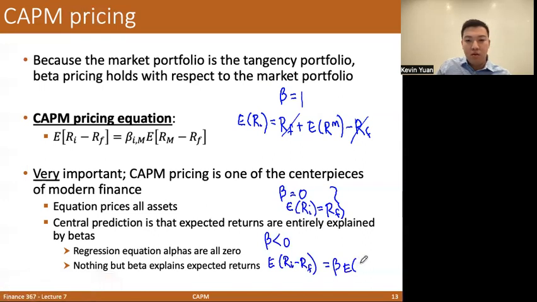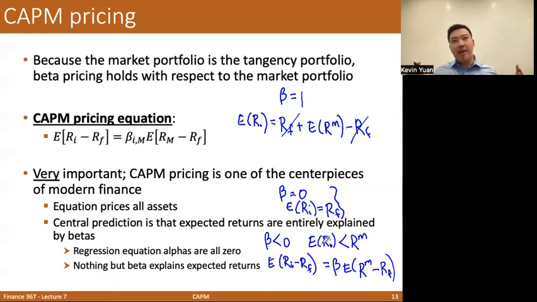So if beta is actually negative, it turns out that the expected return is going to be less than the market portfolio. Now let's think about that for a second. If beta is less than 0, or it can even be less than 1, to be honest, the expected return of your asset, the risk premium of your asset, is less than the market.